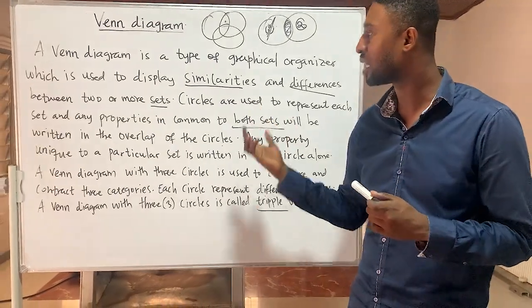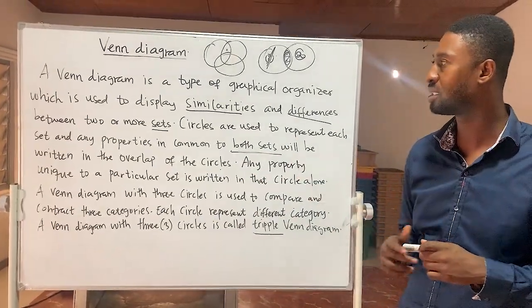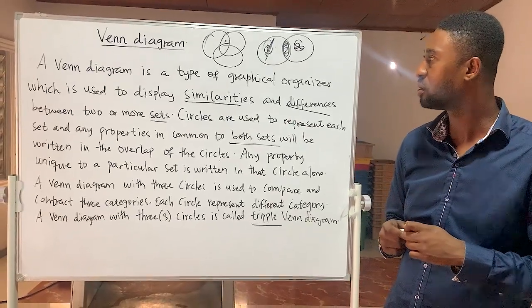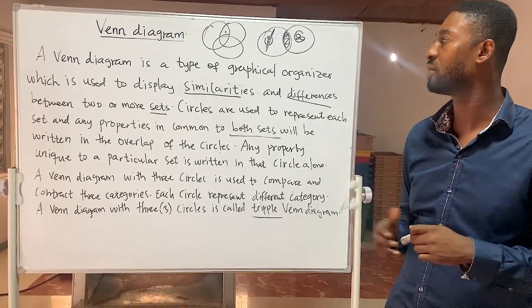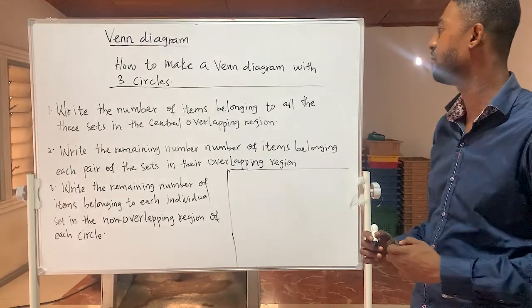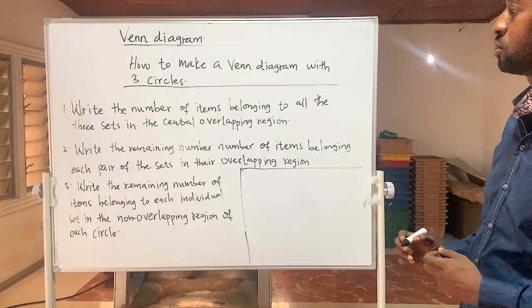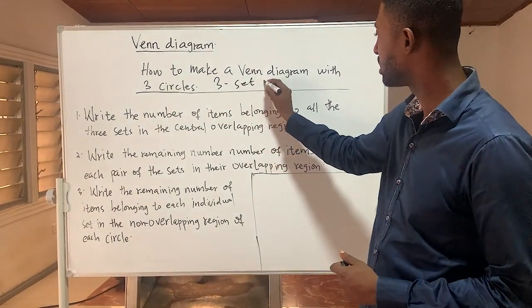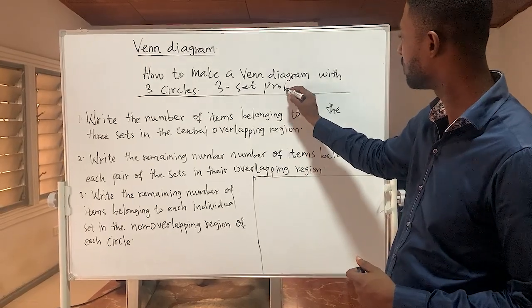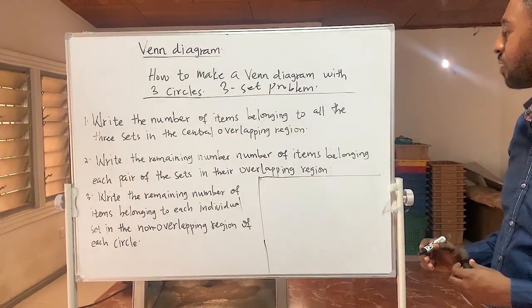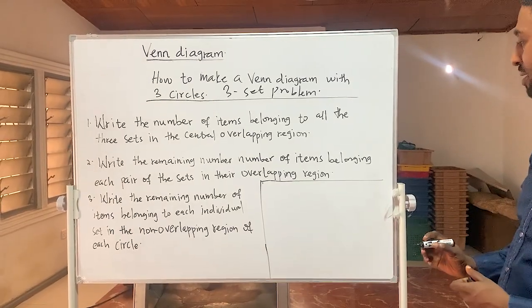So let's look at how to solve a question with a Venn diagram. How to solve a three-set problem with a Venn diagram. So let's look at how to make a Venn diagram with three circles, which is what we call a three-set problem. First, write the number of items belonging to all the three sets.